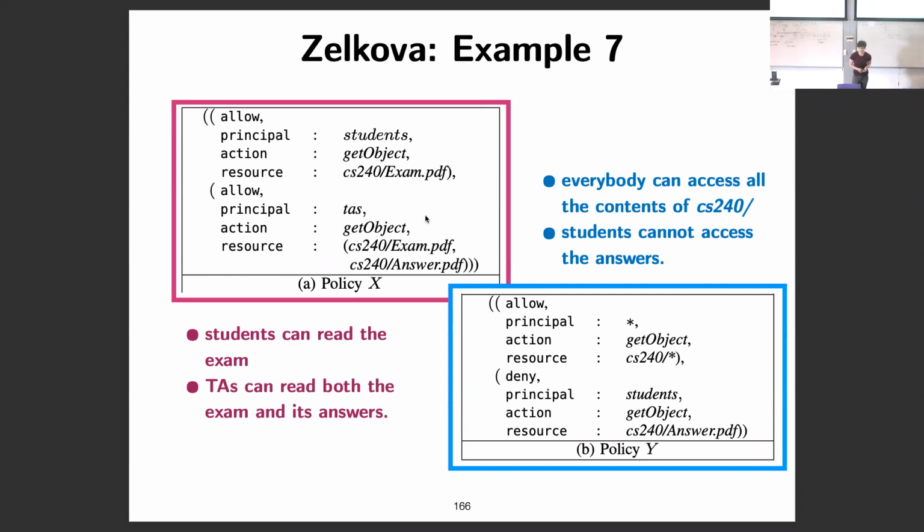And if we'd written policy X, that seems sort of right. Or we might want to write policy Y, so that everyone can access all of the contents of my CS240 folder, but the students can't access the answers. That might be what we want, but it's hard to tell which one of these is more permissive than the other when we just look at them on face value.